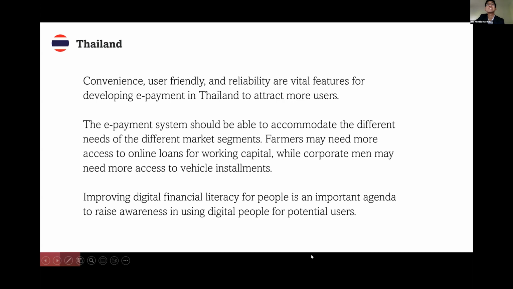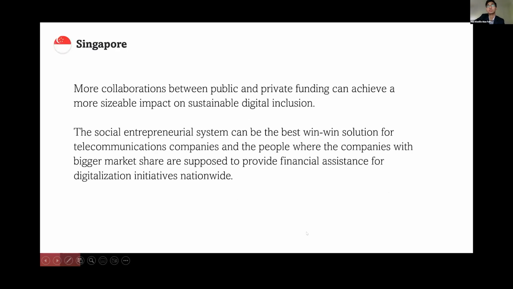So improving digital financial literacy is quite vital for Thailand: how the government can encourage people, give knowledge about financial literacy, and raise awareness among potential users of digital payment.